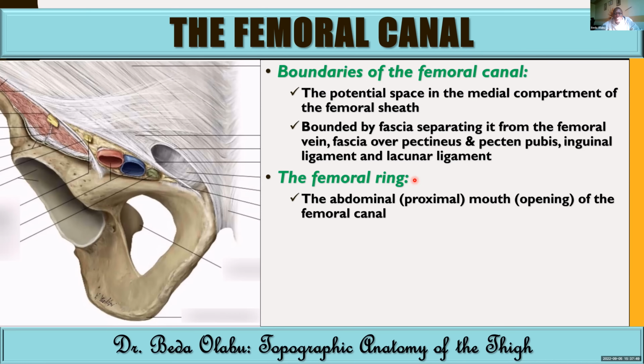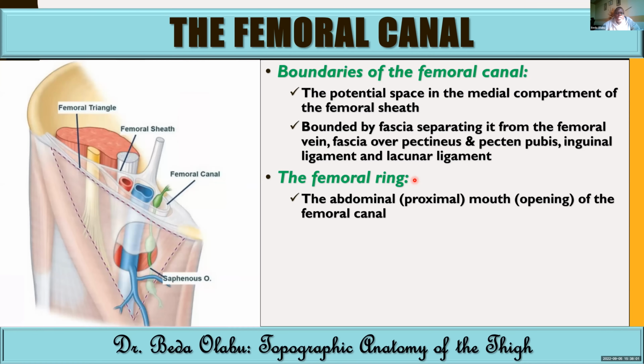So the proximal opening, that opening that empties into the abdominal cavity, is what we call the femoral ring. It is the abdominal mouth of the femoral canal. Therefore, if the whole of this is the canal, this particular part is the ring.